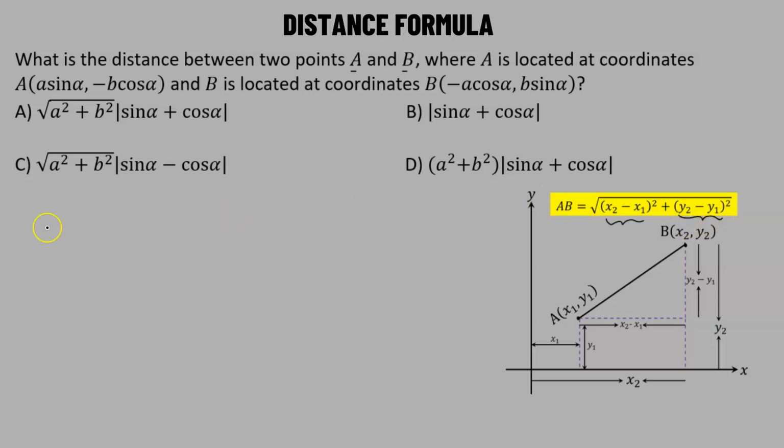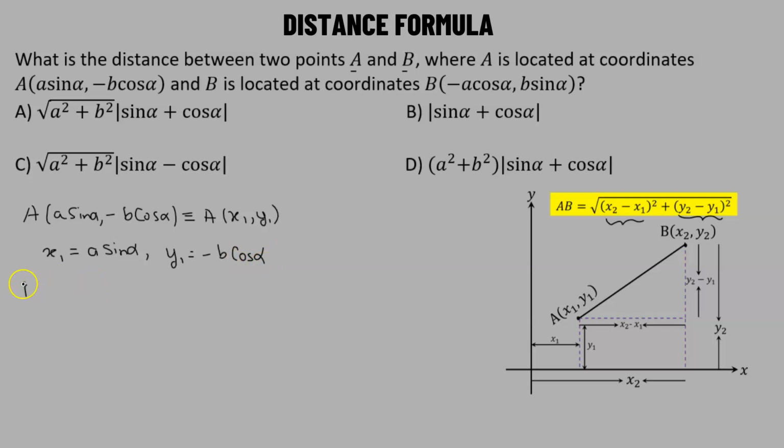Fine. So here we will suppose that our point A, which is a sine alpha, comma, negative b cosine alpha, corresponds to the point A with coordinate x1, y1. So this means that x1 is going to have a value a sine alpha, and y1 is going to have a value negative b cosine alpha.